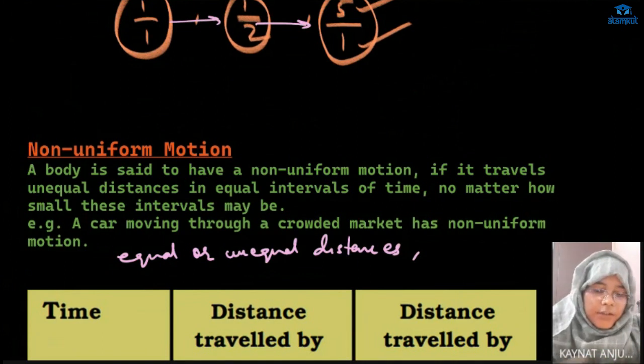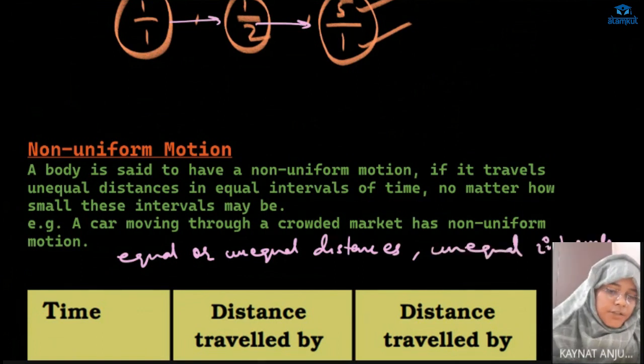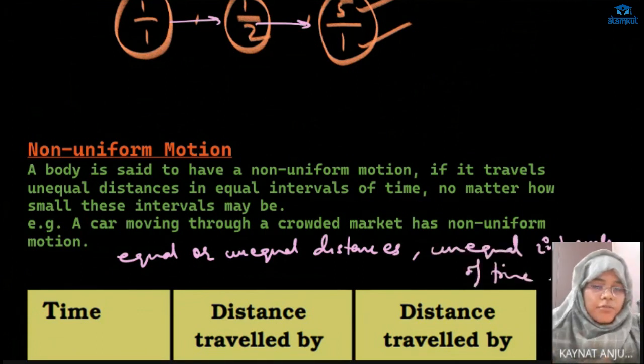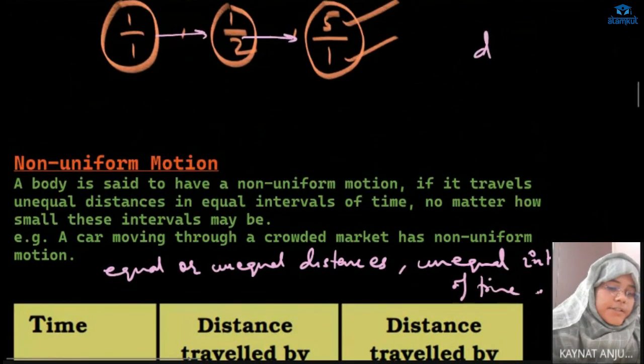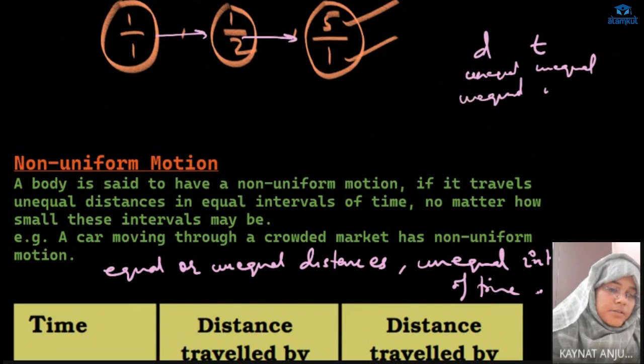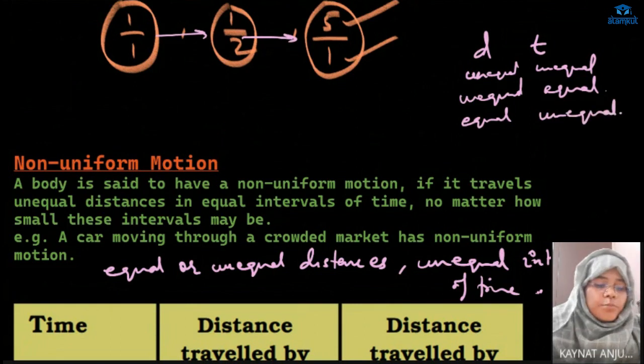At least one must be unequal, either distance or time or both. For non-uniform motion: distance unequal, time unequal; distance unequal, time equal; distance equal, time unequal.